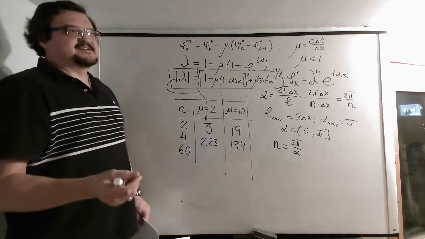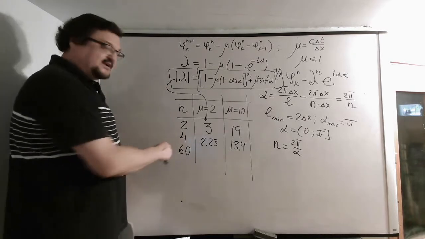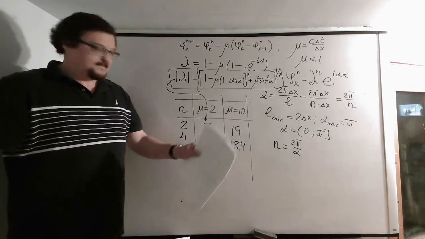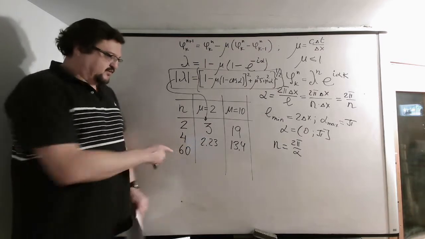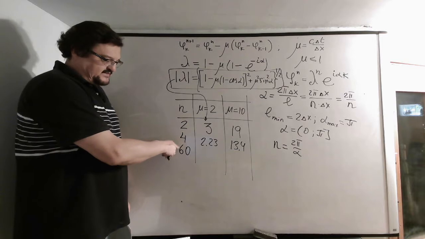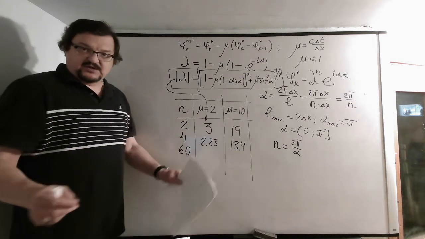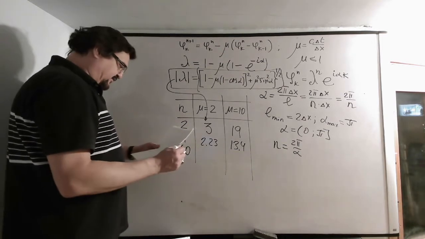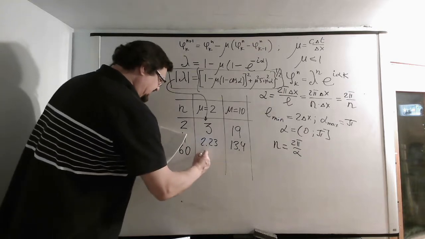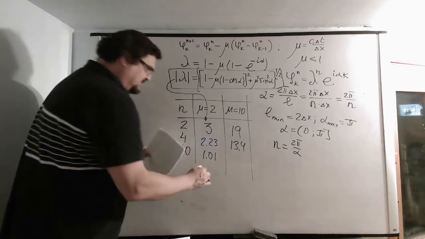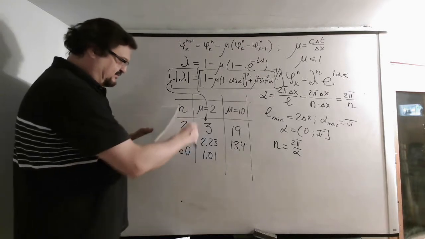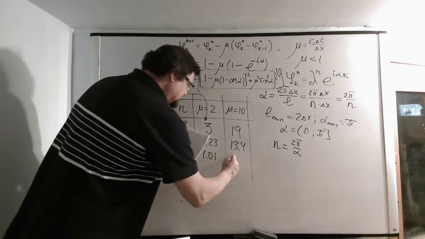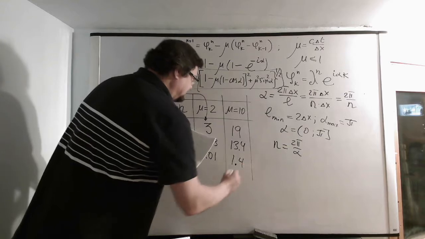If your delta x is, say, 1 kilometer, those waves are 60 kilometers long. You can actually resolve a storm with this many grid points quite well. For that you have an amplification factor of 1% for mu equal 2, and much worse for mu equal 10.